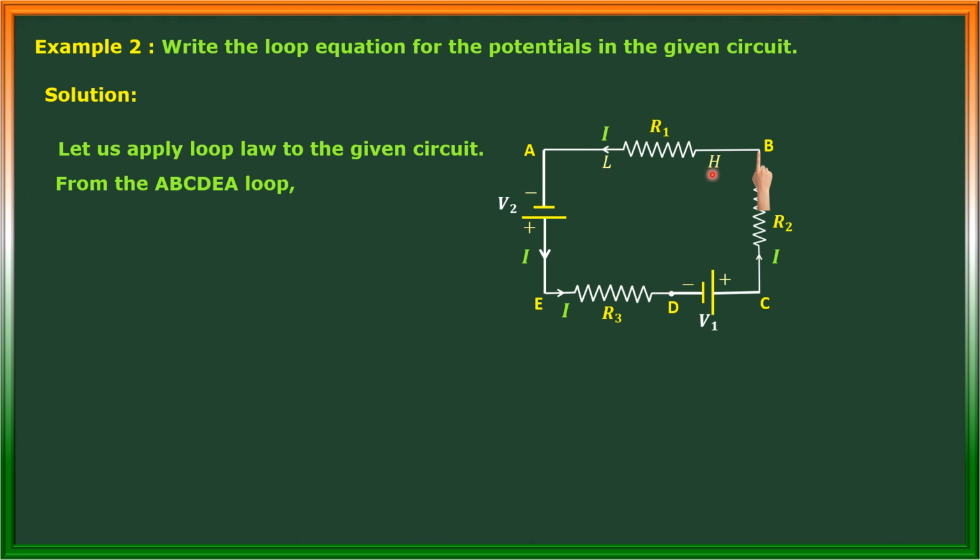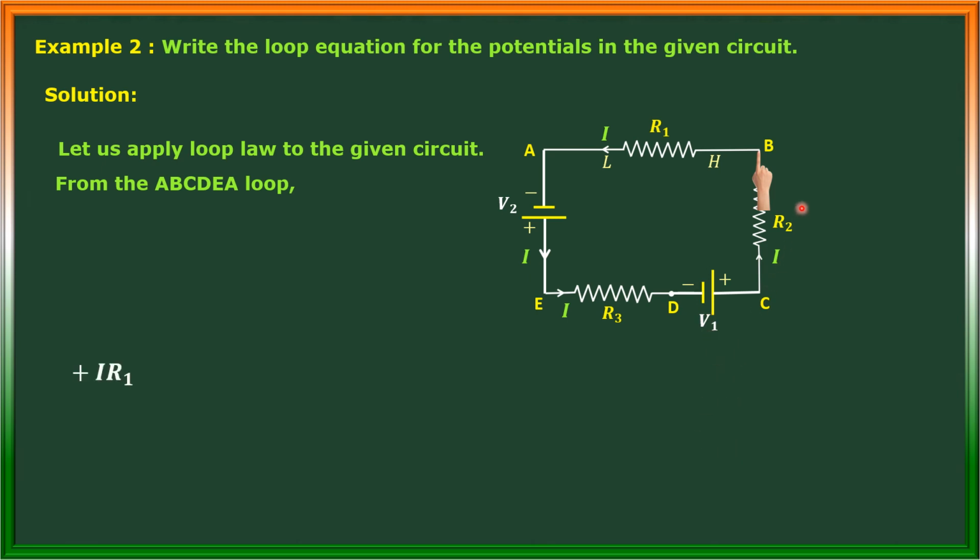Then we have to take the potential difference across the resistor R1 as plus. Why? Because the potential is increasing. While crossing an element, if the potential increases, take the potential difference across that element as positive. So here plus IR1.